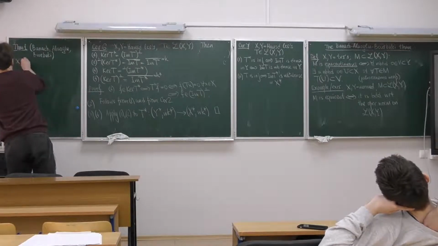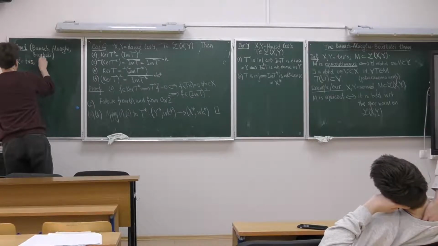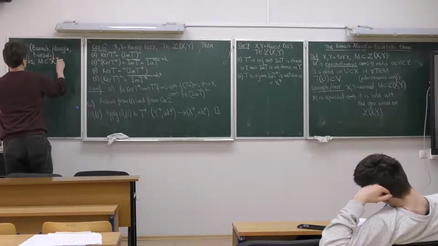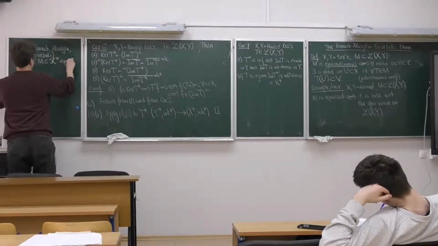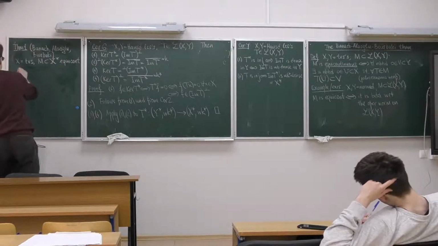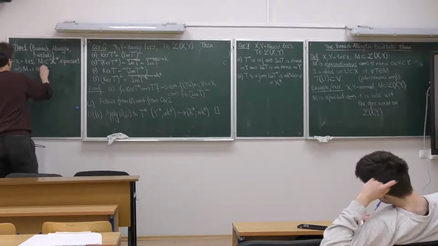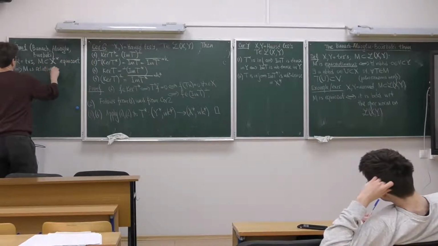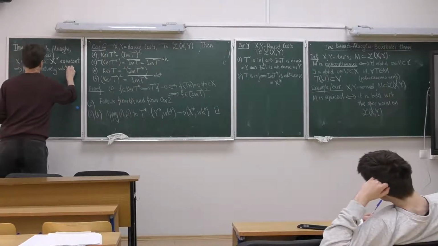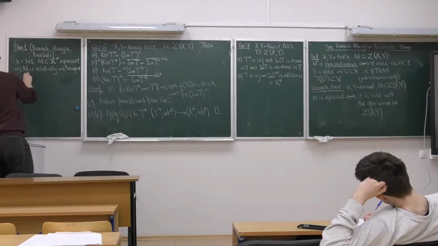So suppose that X is an arbitrary topological vector space, and M is an equicontinuous subset of the dual. Then M is relatively weakly star compact in the dual.